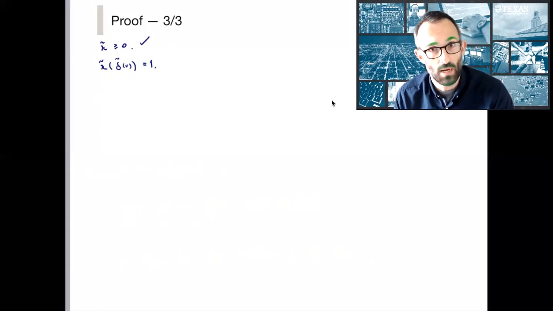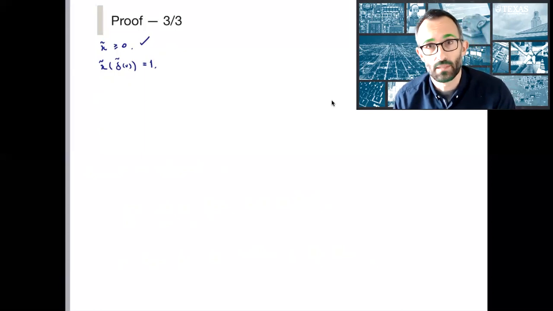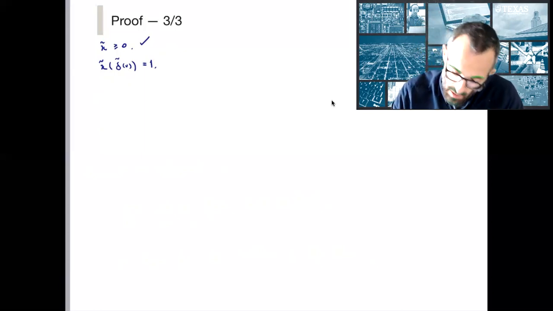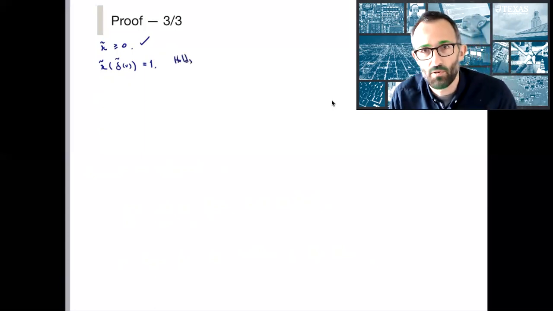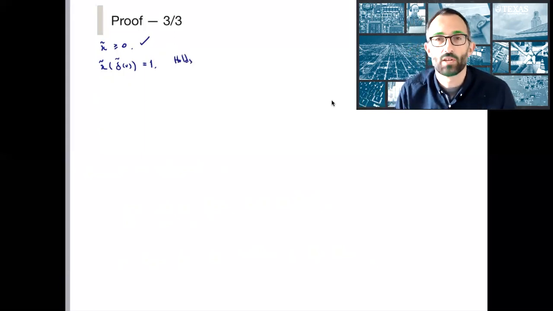Now, why is this true? Well, you can see that this holds exactly by our construction. So let's write out the details just so we can get into the spirit of what G tilde is versus G and what the rationale was in extending x to x tilde. So my claim is that this holds by construction.